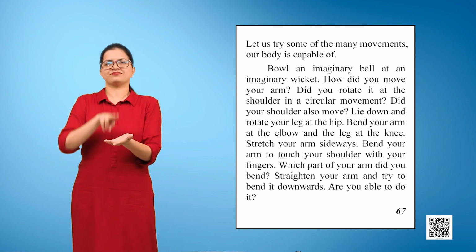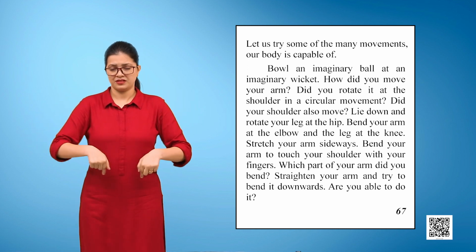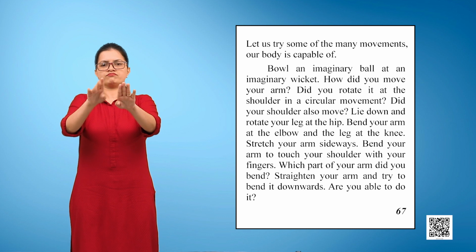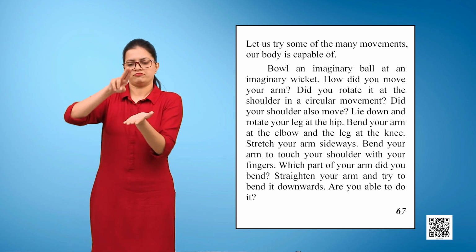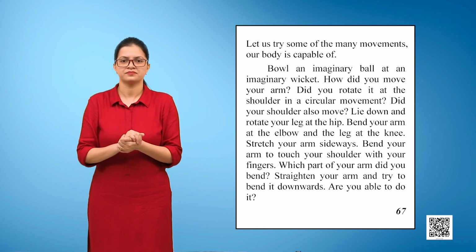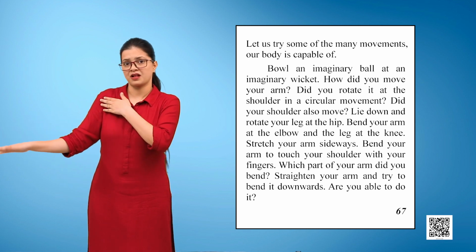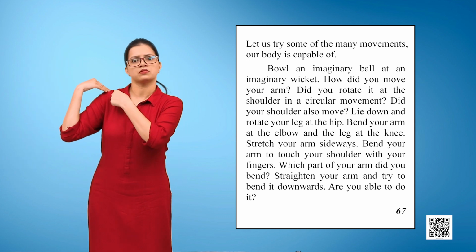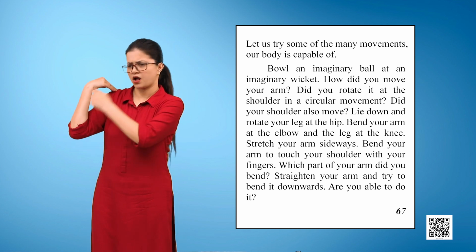Lie down and rotate your leg at the hip. Bend your arm at the elbow and the leg at the knee. Stretch your arm sideways. Bend your arm to touch your shoulder with your fingers. Which part of your arm did you bend?